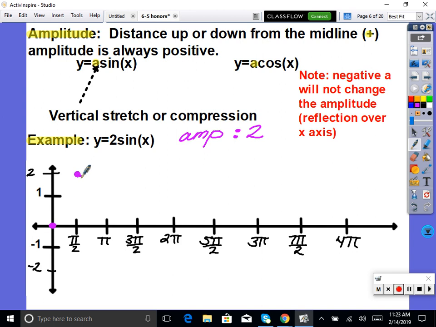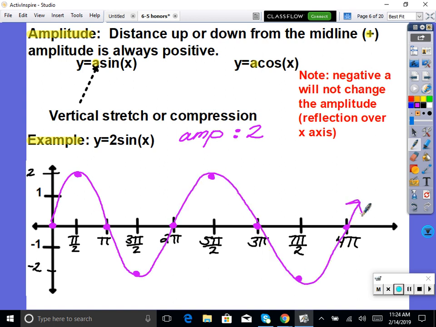The amplitude is stretched out to 2. So 0, max, 0, min, and now it's down at -2, 0. So it just affected my y values. It was vertically stretched out. Everybody good with that?